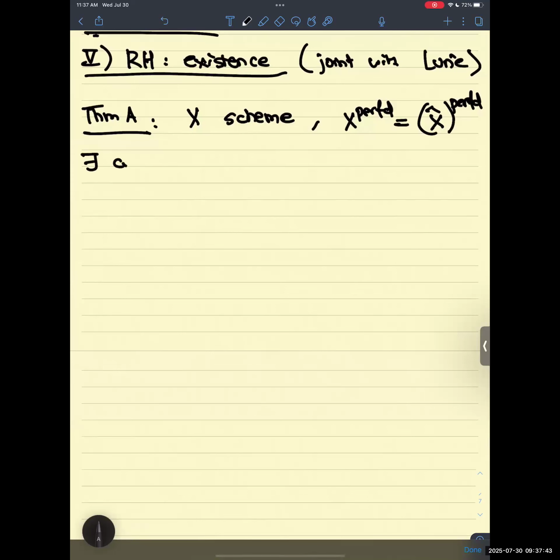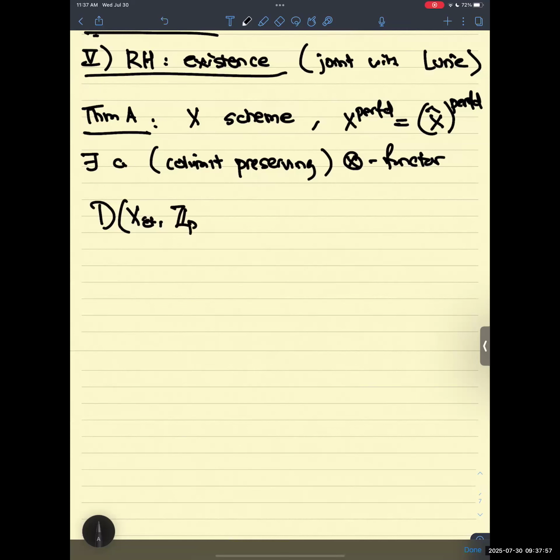So there exists a colimit preserving tensor functor, which I'll call RH, which goes from the derived category of étale sheaves on X with p-adic coefficients to this derived category of quasi-coherent sheaves on X perf.